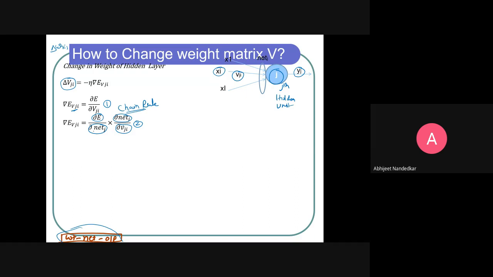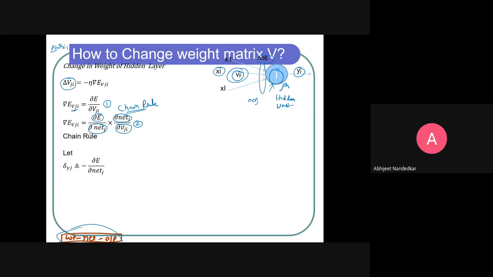So this is some intermediate term. I can use an intermediate term only if there is a relation between these two variables. Otherwise, we cannot use it. Since Vji directly controls the net of this neuron, net j of this neuron, I can use that.